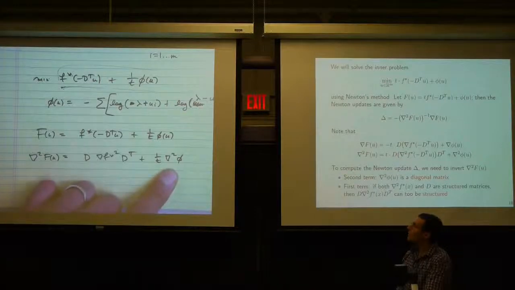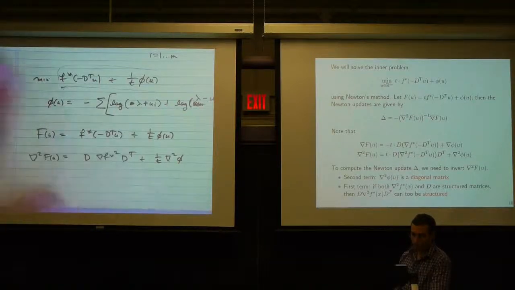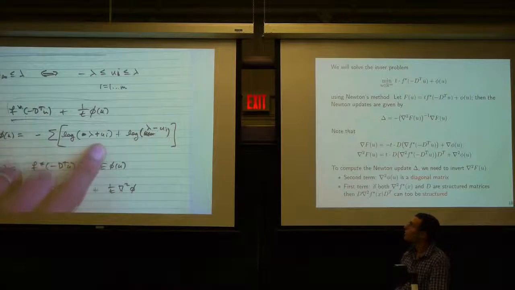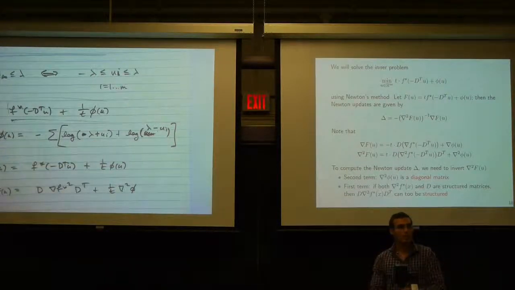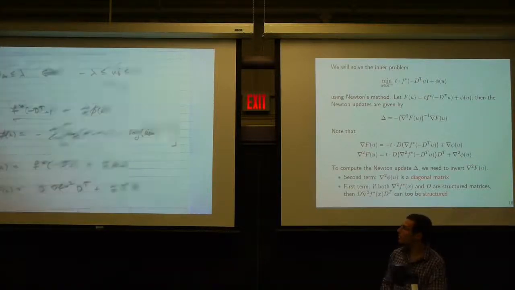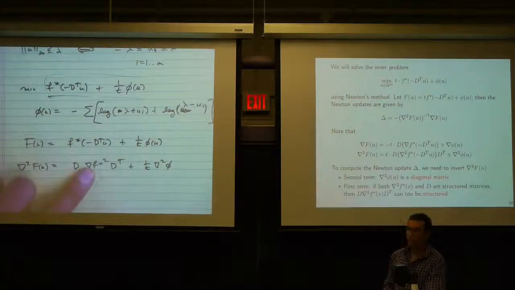The Hessian of phi is going to be a diagonal matrix, though, because phi is just the sum of functions that involve ui. If I take the derivative with respect to ui, then with respect to uj, that's going to be 0. So this is a diagonal matrix. And this is d times some matrix we don't know, because we haven't specified f, times d transpose.